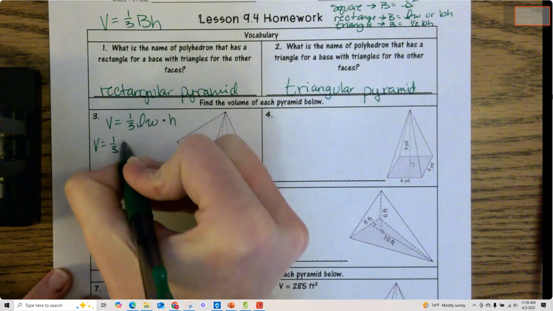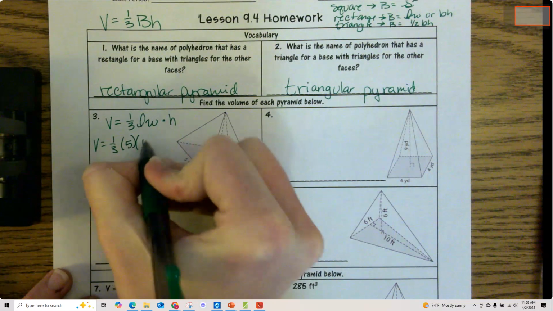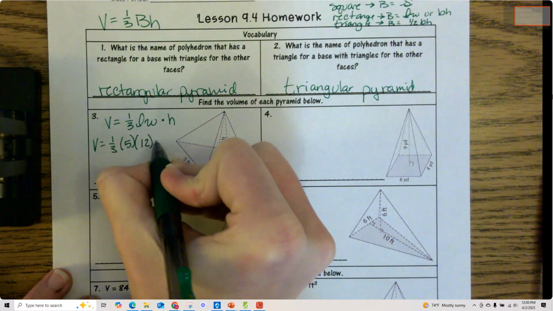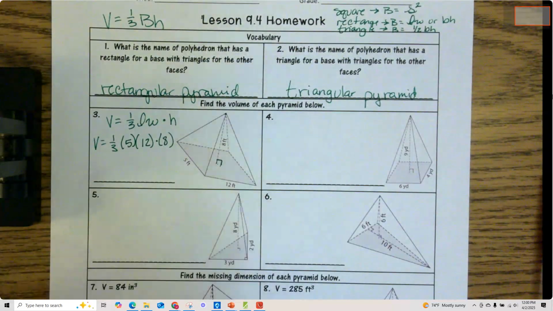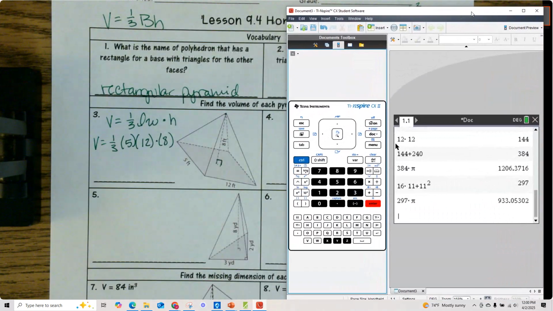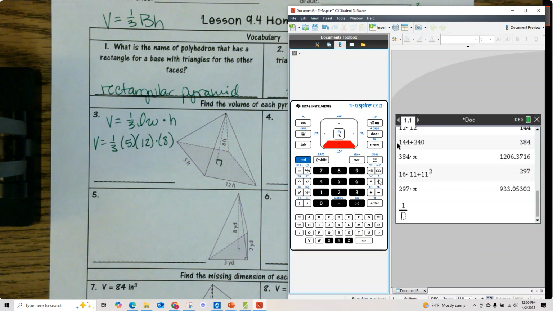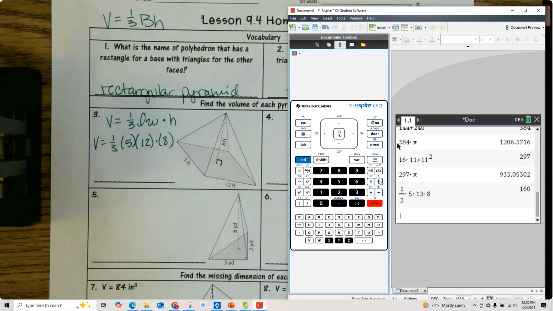Length is 5, width is 12, and then the height is 8. Type it all into your calculator. And that's your answer.